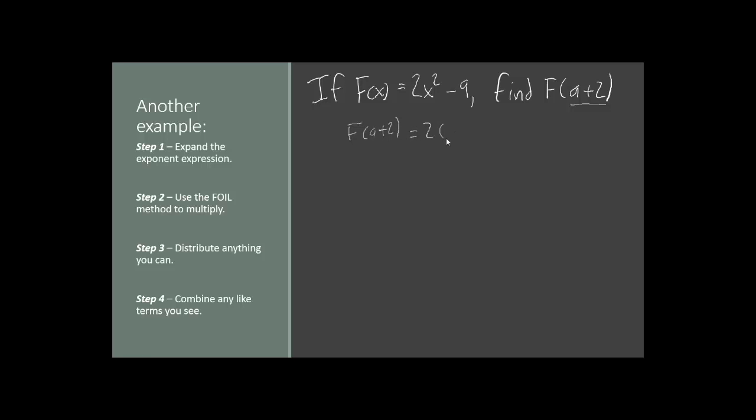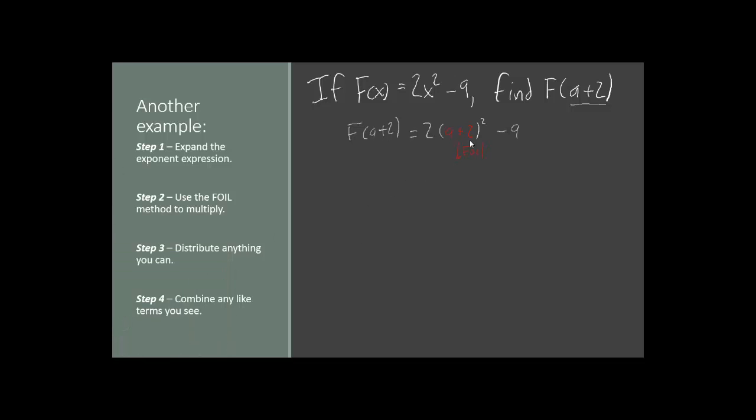So we'll have 2 times x squared minus 9, but we don't write x, we write a plus 2. Now, if you've watched my previous episode, you know that if you have a binomial with a square above it, you can't just square both terms. You have to do the FOIL method to get 4 terms.